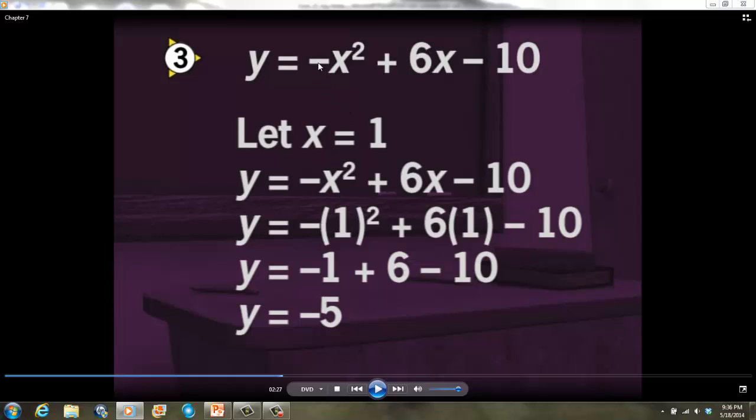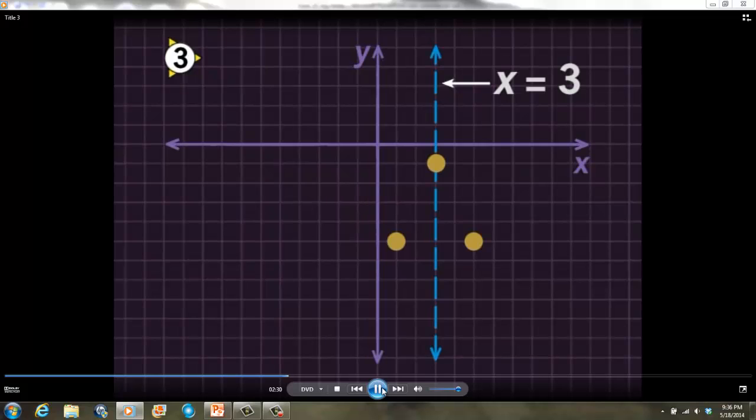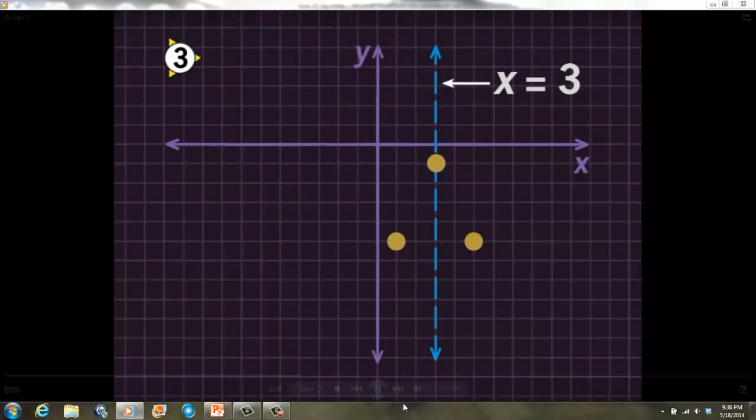Because our equation has the opposite of x squared, first you square the 1, 1 squared is 1, and then you take the opposite. So this becomes -1. Plus 6 times 1 is 6, with a minus 10 at the end. So (1, -5) is a point on the parabola. By symmetry, (5, -5) is also a point on the parabola.